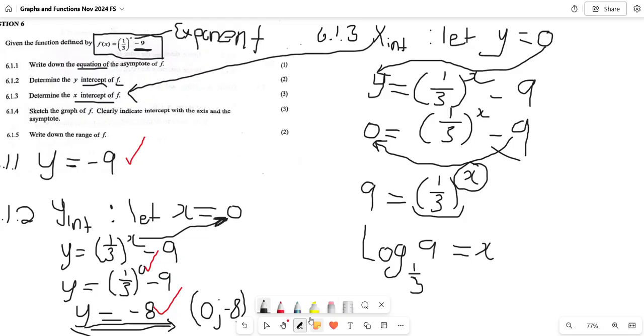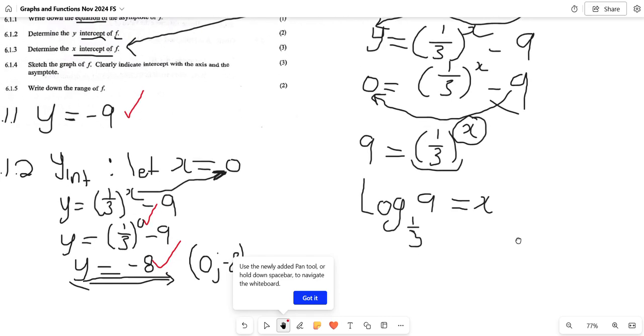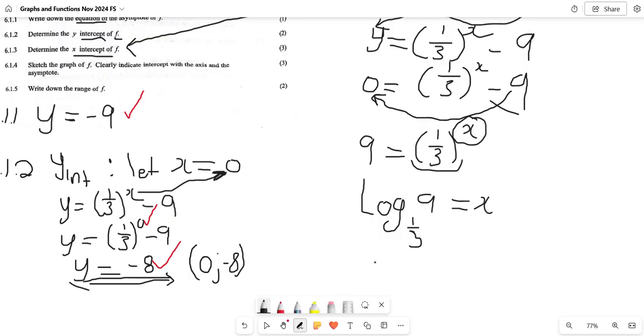Now from here we move. Then you use your calculator to press log. Log of what? Base 1 over 3. Then our result will be 9. Then log of 1 over 3. Then that is going to give us an answer that is equivalent to x.